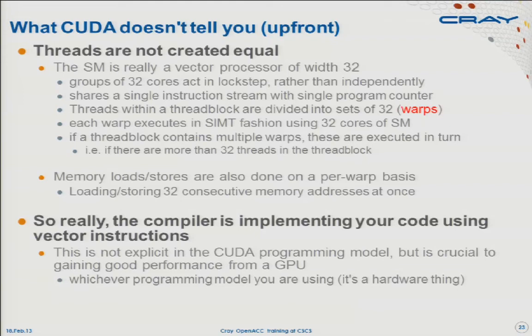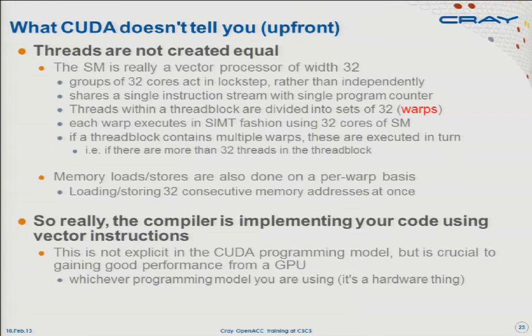The same thing with memory loads and stores. When one core in this group wants a bit of memory, it doesn't just load that one number from the global memory. Actually, the loads and stores are done with vector loads and vector stores, like cache lines in the CPU. So it loads in 32, well, maybe 16, but it loads in a bunch of memory addresses as a chunk.